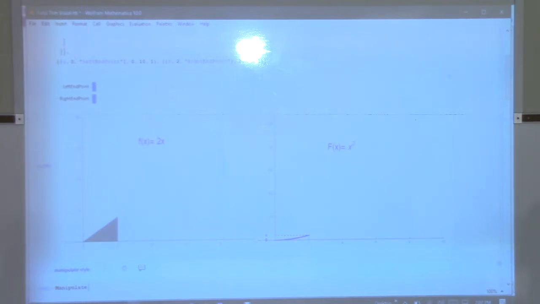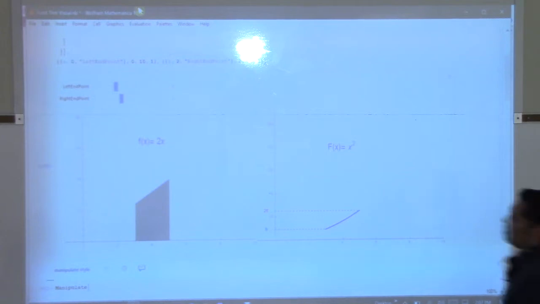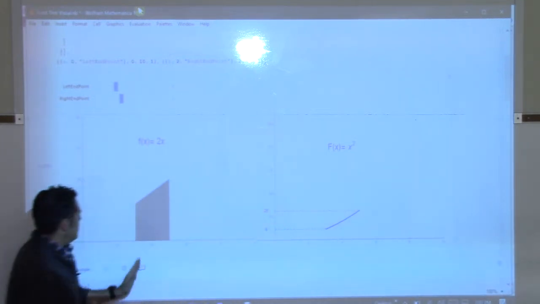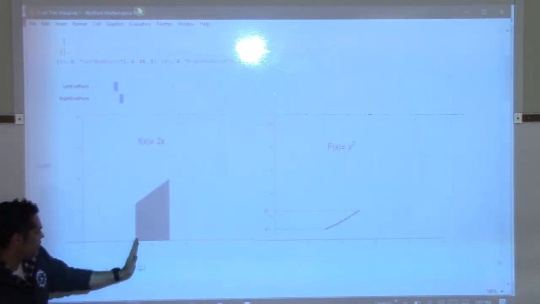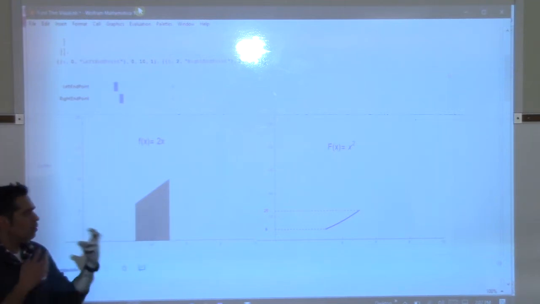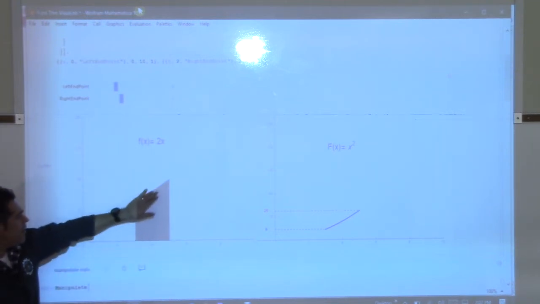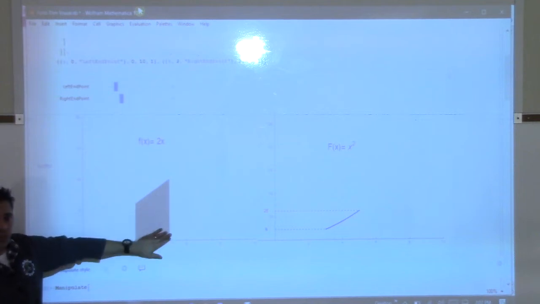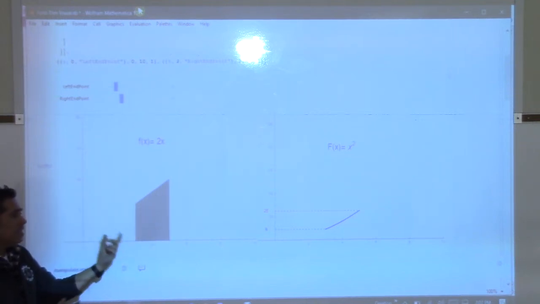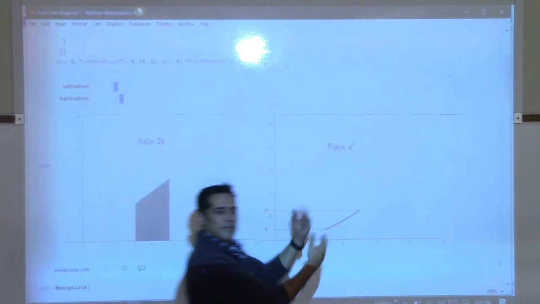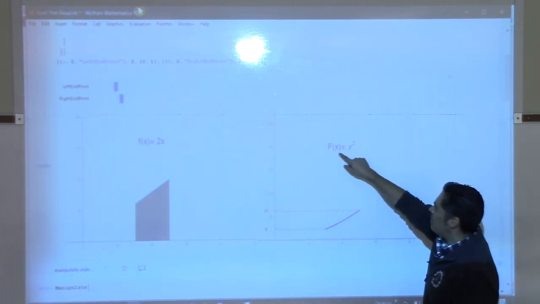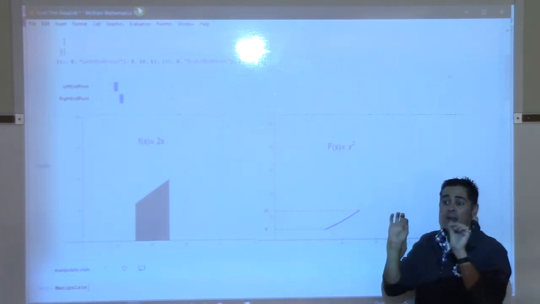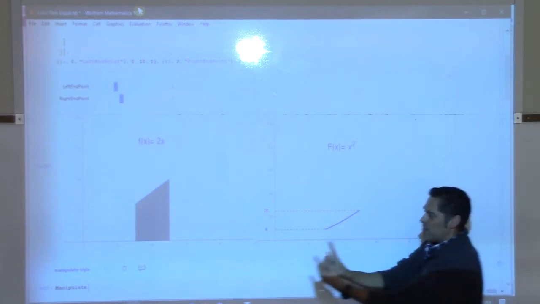Okay, yes, you can. All right, so what we have here is 2x on the left-hand side. It's the function 2x, and I'm only looking at it between 3 and 5. What we're saying is that if you want to find the area underneath this function, you go look at its antiderivative, and you evaluate the antiderivative at the two endpoints of the interval.